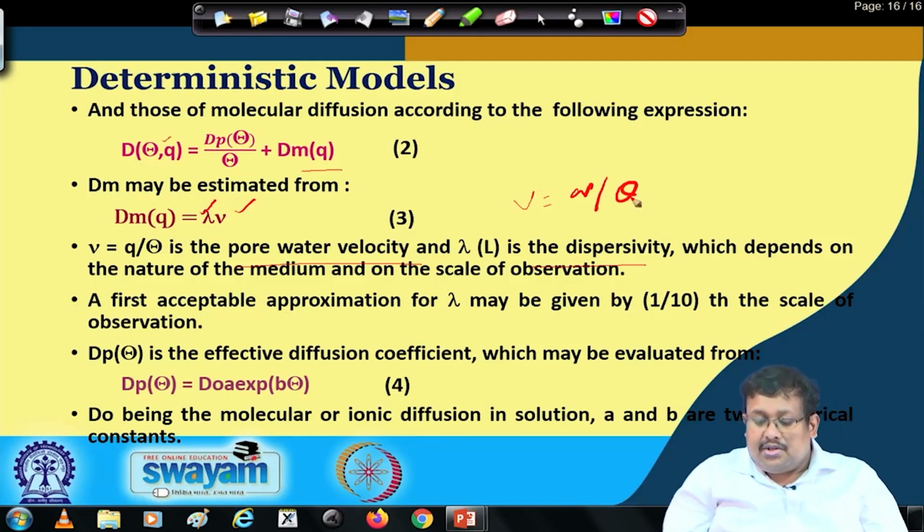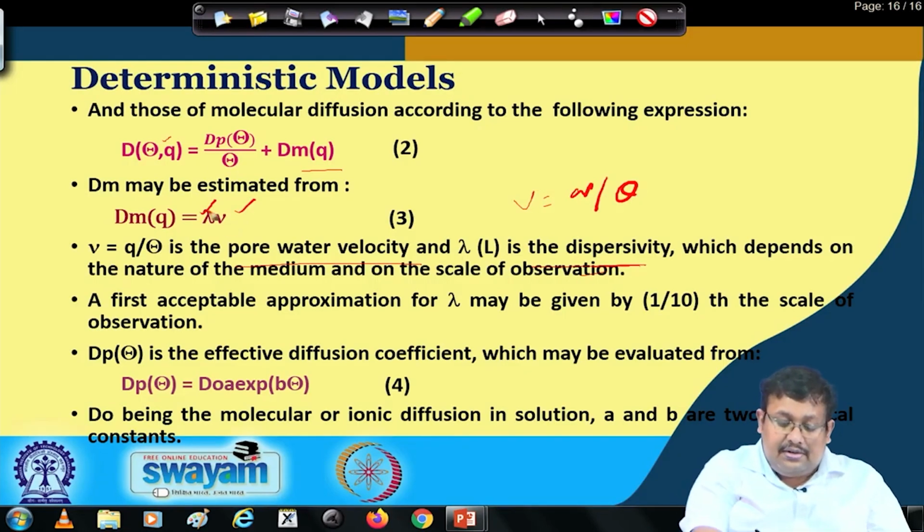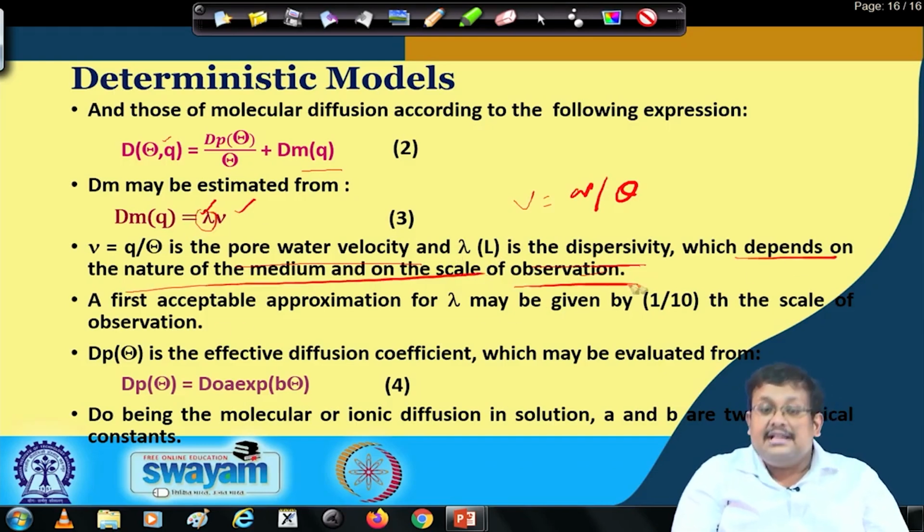This dispersivity, denoted by lambda, depends on the nature of the medium and the scale of the observation. We discussed the scale of the observation in our previous lecture, and a first acceptable approximation for lambda may be given by 1/10 of the scale of observation.